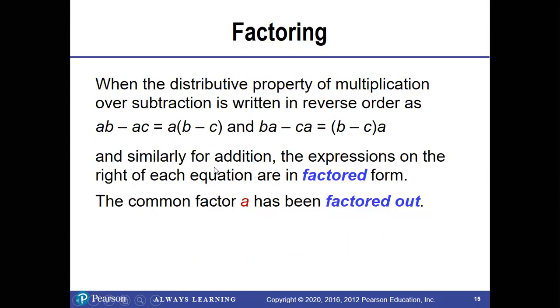Okay. The expressions have to be factored out. Okay, the common factor a has been factored out. So when we talk about factoring and you have something common, let me give you another example.